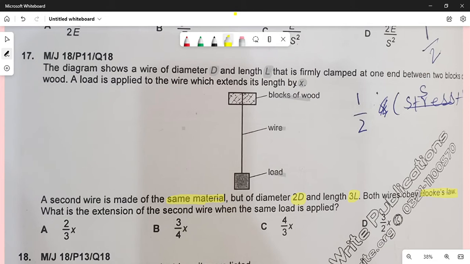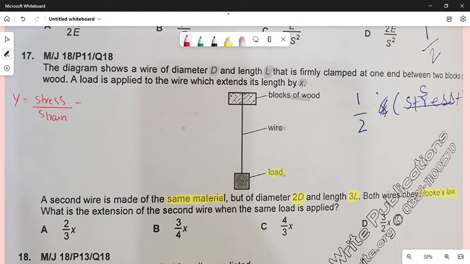So the load we are using here is the same load we are using in the second wire. First of all, we will use the formula of Young modulus, which is stress over strain. We know that stress is force over area.